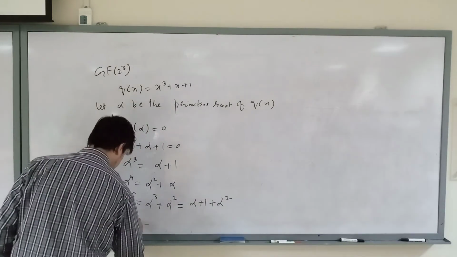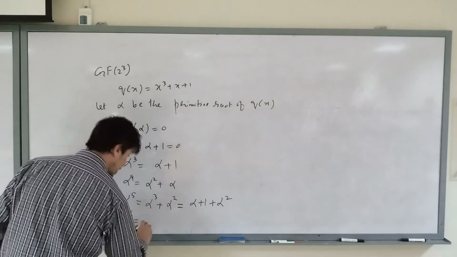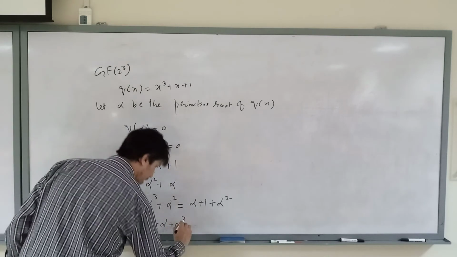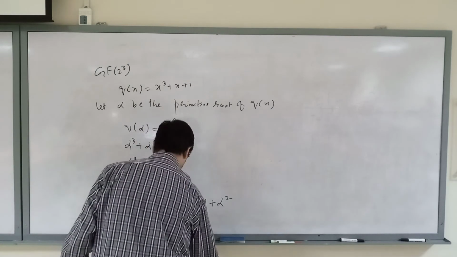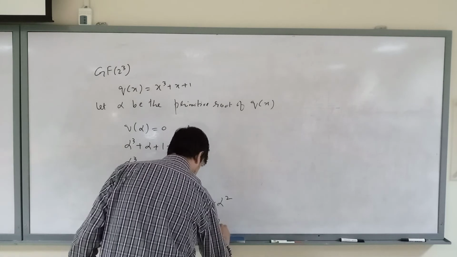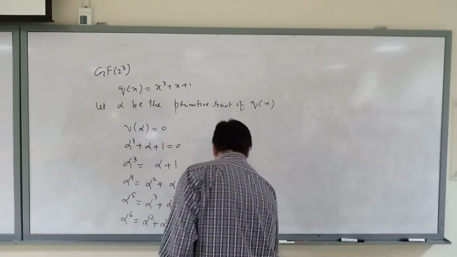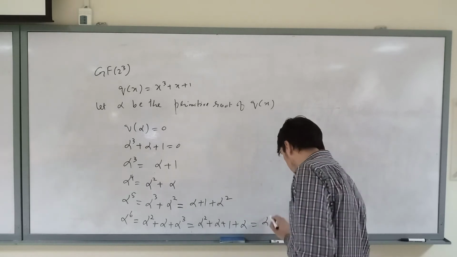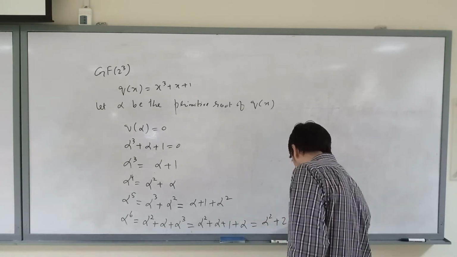Alpha 6 is alpha square plus alpha 3, so alpha square plus alpha plus 1 plus alpha, and you can see alpha square plus 2 times alpha plus 1.